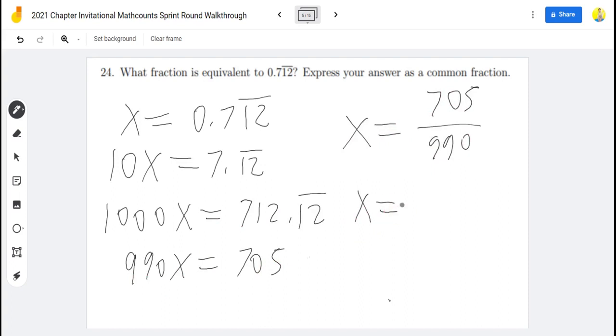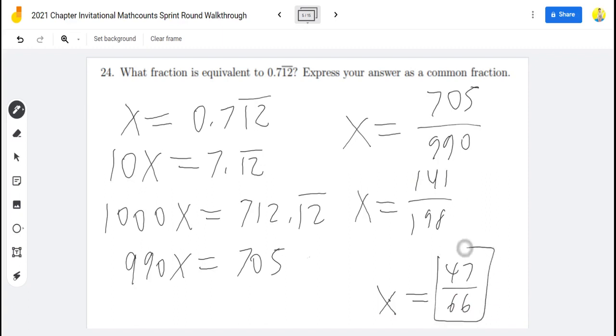This means that x equals 141 over 198, and that means that x equals 47 over 66, and that is our final answer.